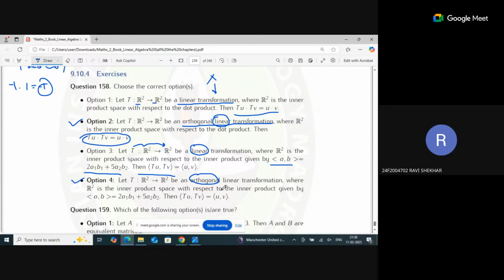Sir, we will have to assume that this inner product is a valid space. Yeah, it is given already that the space is with respect to the inner product. Otherwise it will say that it is some function or some kind of product only, so check whether it is an inner product or not. But here it is already concluded that it is an inner product, so we don't have to check.